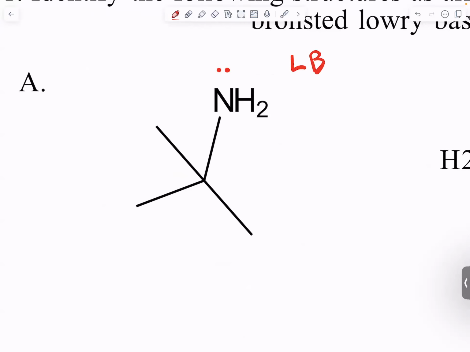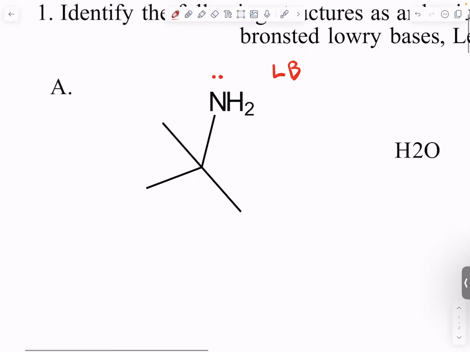And I wouldn't argue that it is a Lewis acid, because you could have the H be taken if you found something that was more basic. So it's kind of up for debate, but nitrogen itself is pretty basic. So I feel more confident calling it just the Lewis base.